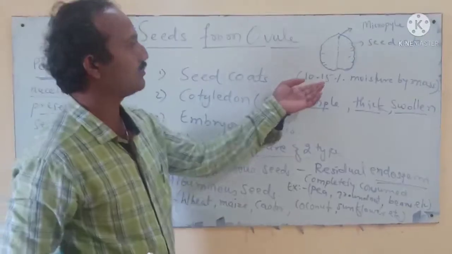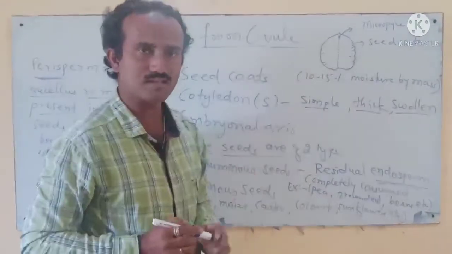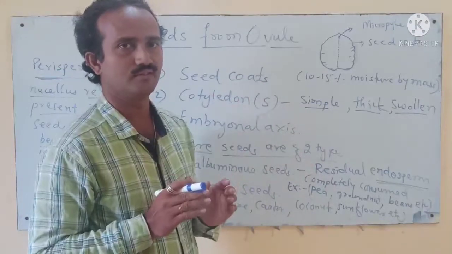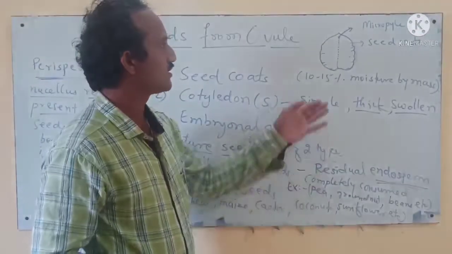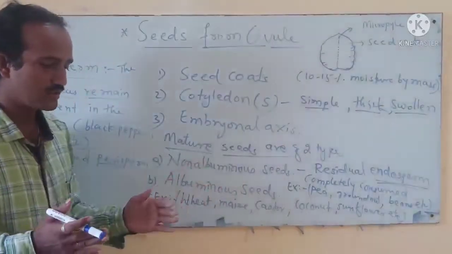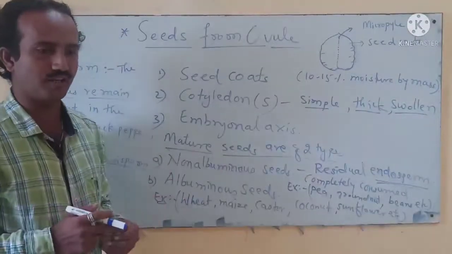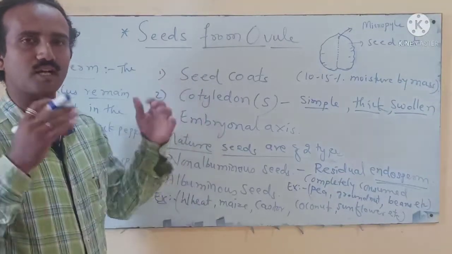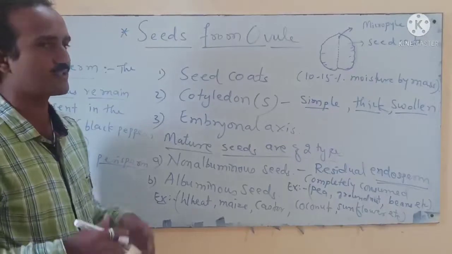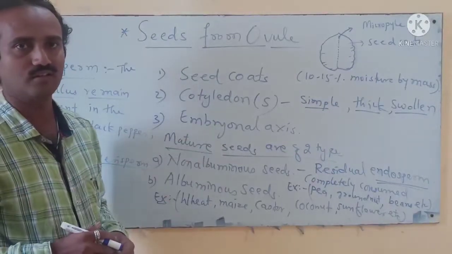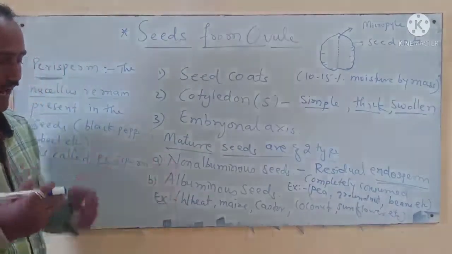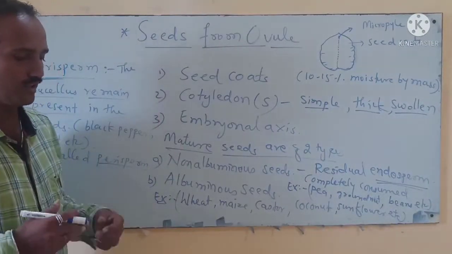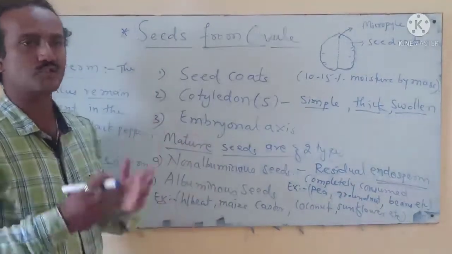So with 10 to 15% moisture by mass, the water will be reduced and the seeds become dry. So the general metabolic activity of the seeds during the embryonal stage slows down.